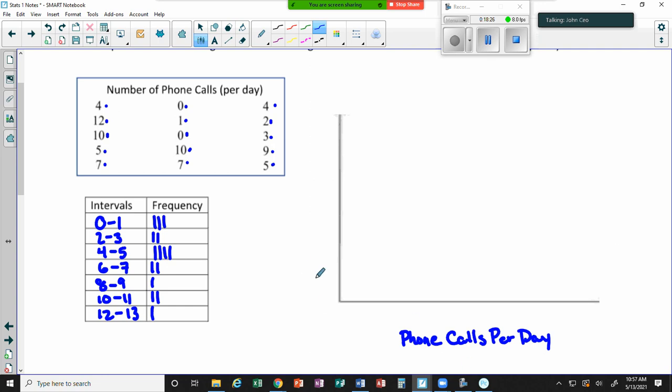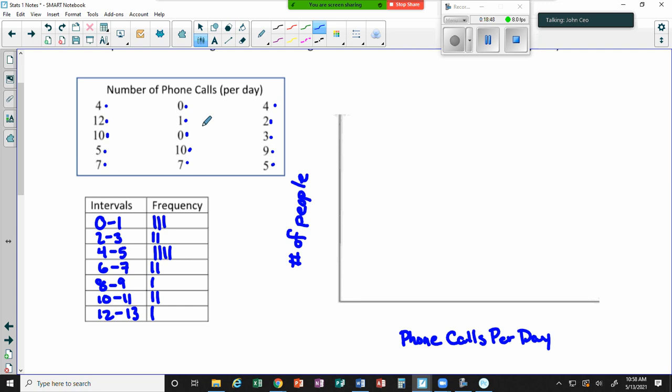Up on my vertical, this is usually going to be the number of people. And then the title for this would be the number of phone calls per day that people make.